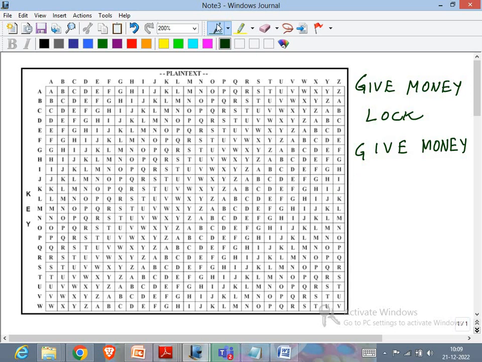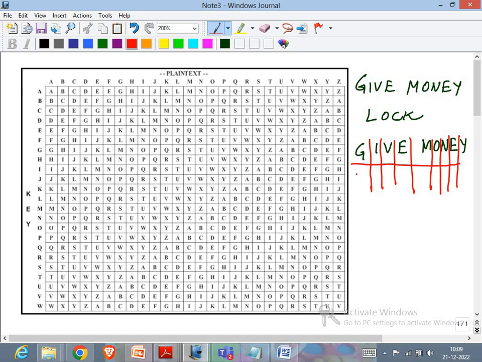How? Suppose this is the table I am making. Just follow this very carefully. This is something different from what we have discussed so far. Now, this is the plain text I am arranging. Now, the key needs to be arranged in a way such that, if required, it will repeat itself.